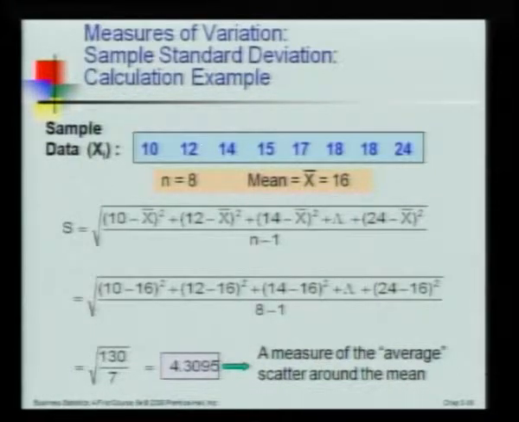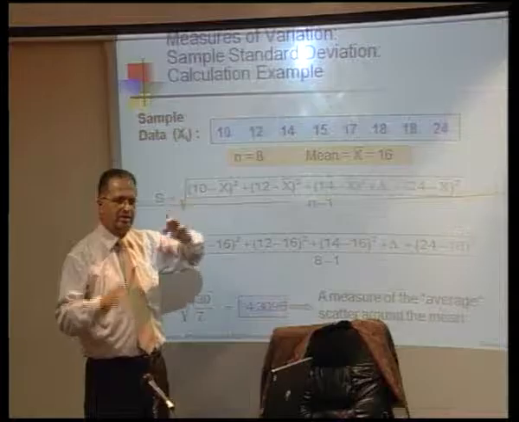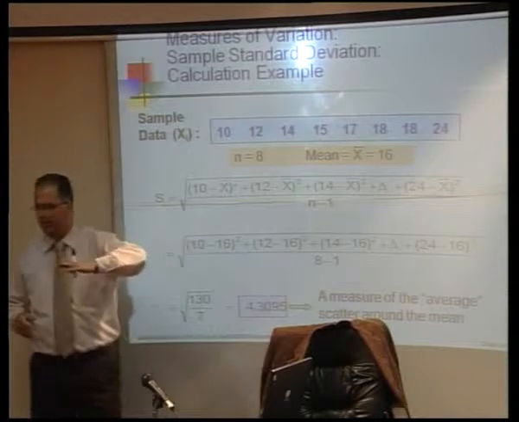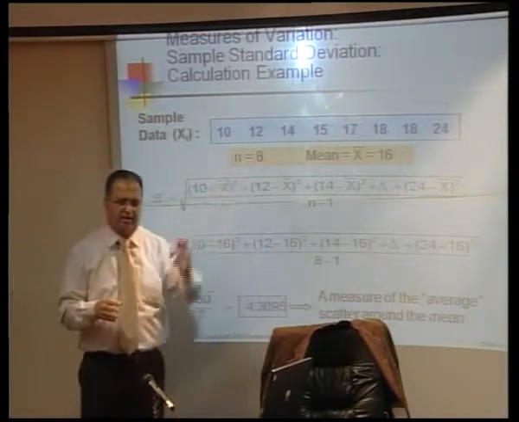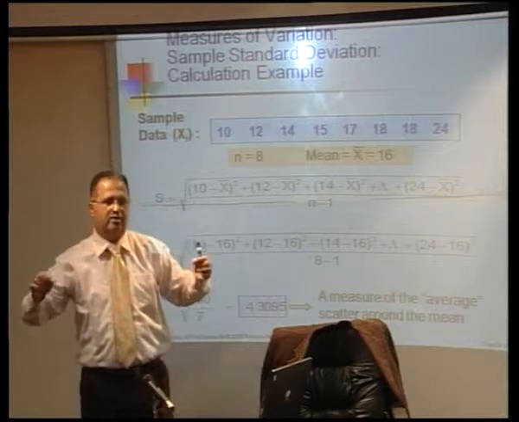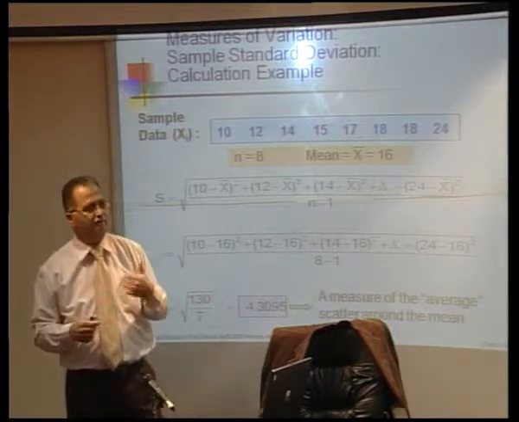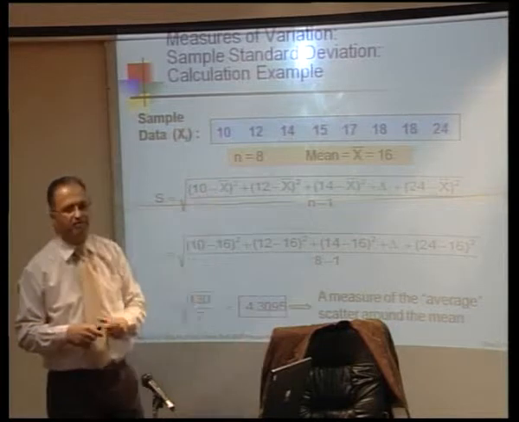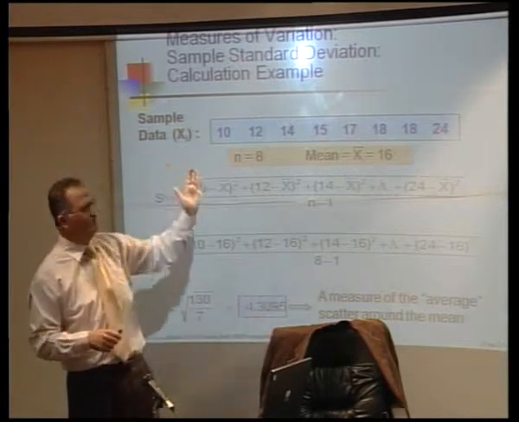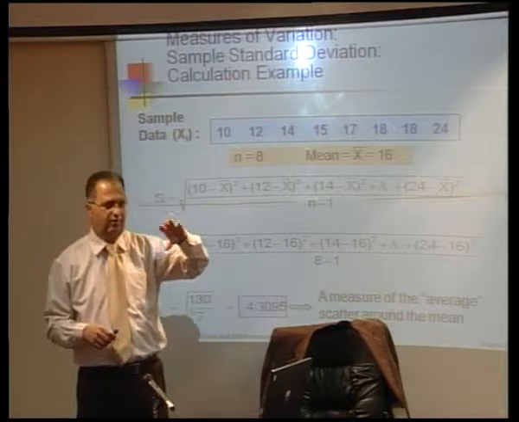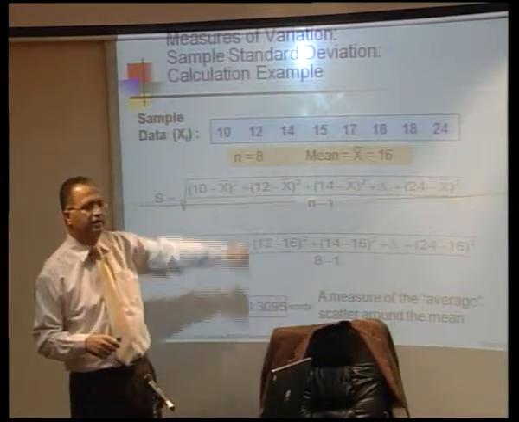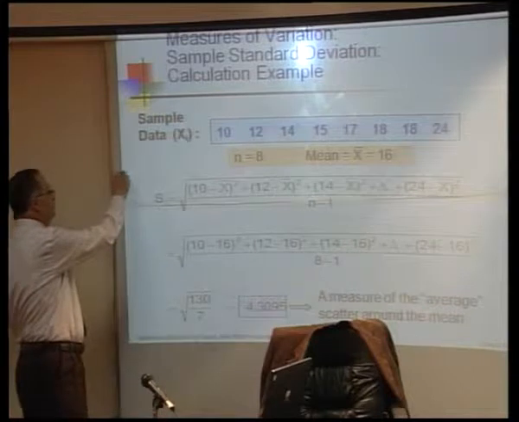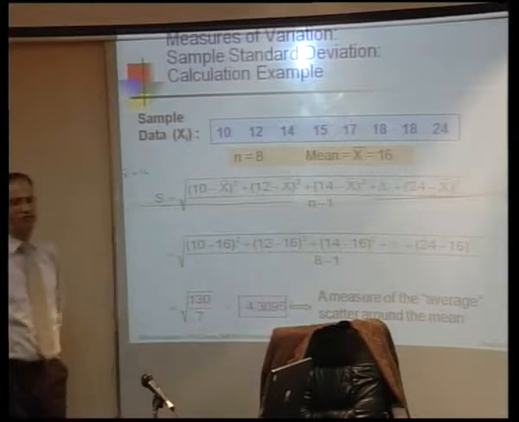For this example, there are 8 observations, so n equals 8. The mean, as we mentioned last time, is the sum of these values divided by the total number of observations. The sum is 128, and 128 divided by 8 gives 16. So we computed the average first.